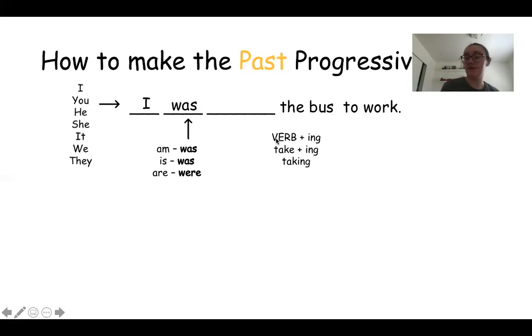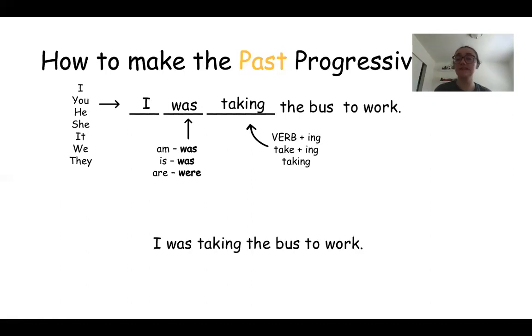And we add ing, taking. I was taking the bus to work is the sentence that we make into past progressive because we used the past of am, is, or are, and we used an ing verb, a progressive or continuous verb, taking.